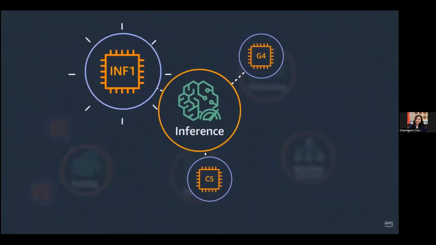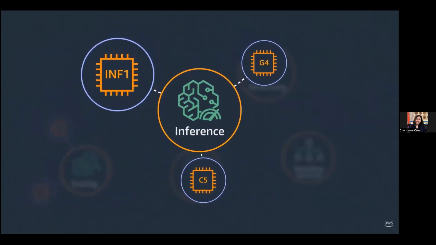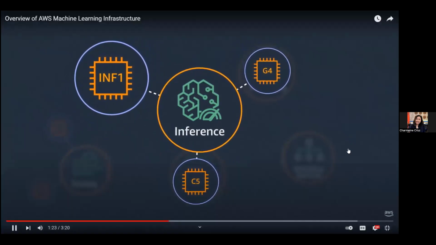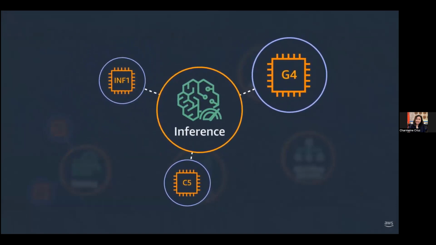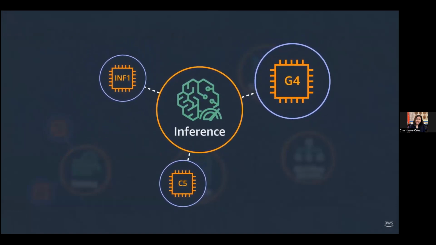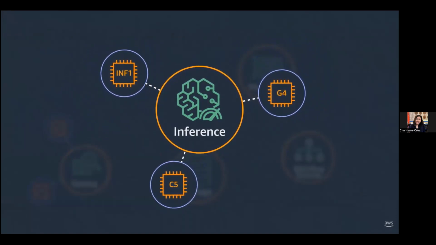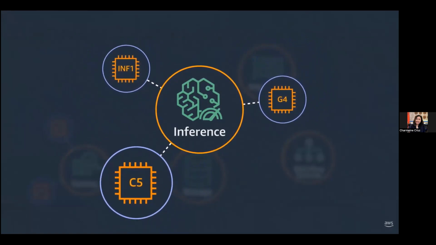For high-performance inference, EC2 Inf1 instances with AWS-developed Inferentia custom chips deliver high throughput and low latency with the lowest cost per inference in the cloud. For GPU-based inference, EC2 G4 instances enable use of NVIDIA libraries. For inference that uses Intel AVX 512 instructions, EC2 C5 instances are a good solution.